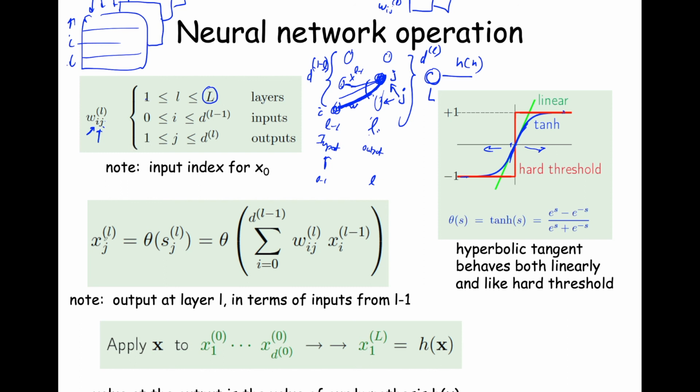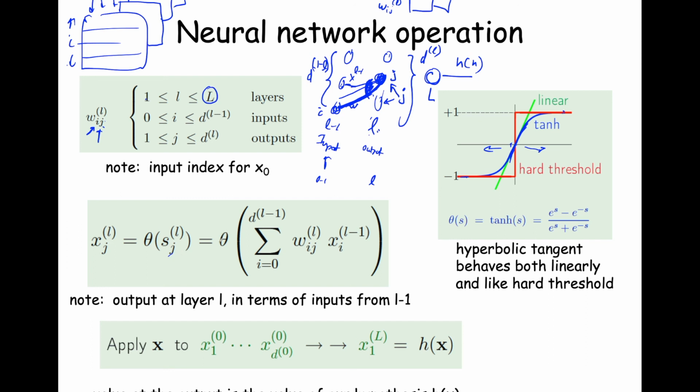Okay, so let's look at how you compute a particular output in layer L for the jth node. That's just our nonlinear function, tanh, evaluated on the score associated with node J in layer L. So that score is the weighted sum of all the inputs before.